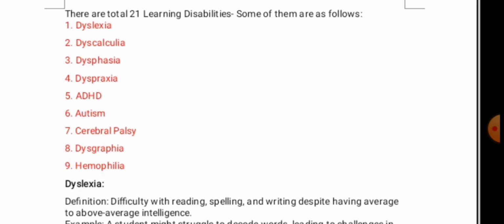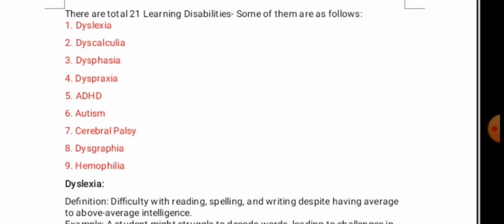So here what I want to teach you is that there are multiple choice questions which will be asked based on learning disabilities and the types of learning disabilities, like what are the symptoms and all those. What you should do is remember the number first of all.